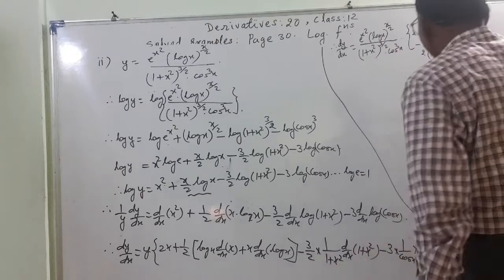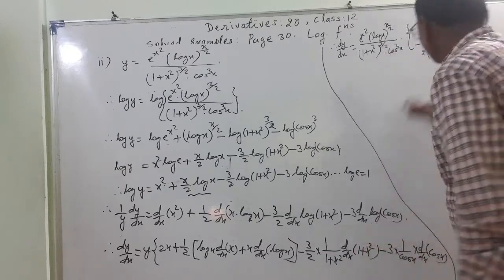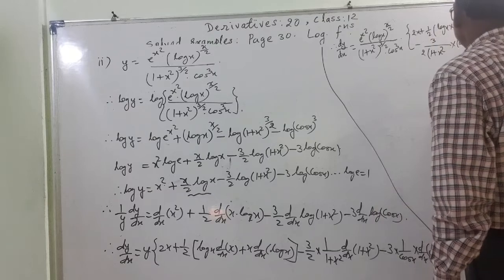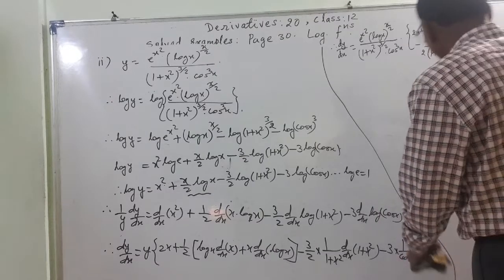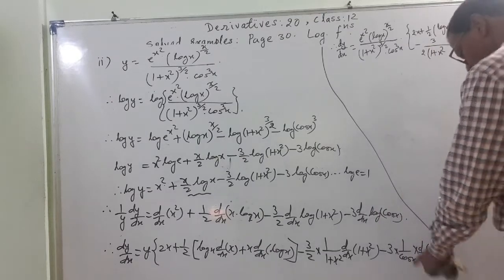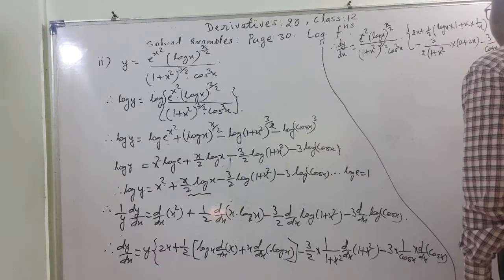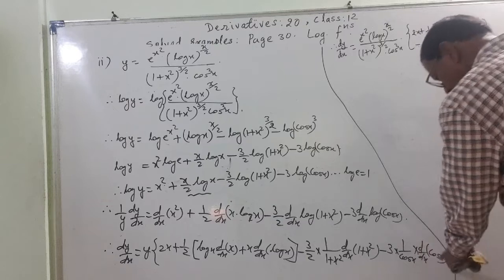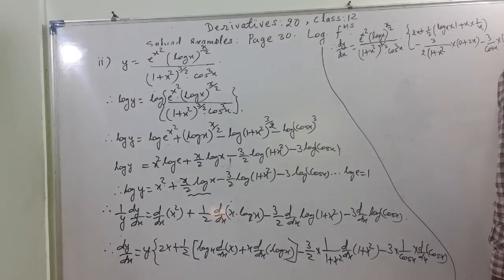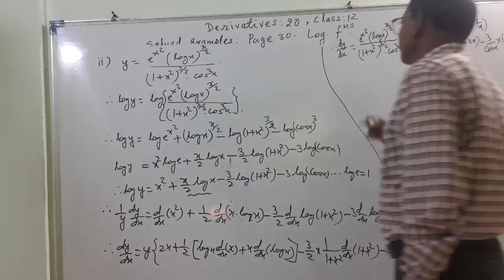Together I am taking into the derivative of this is 0 plus 2x minus 3 upon cos x into derivative of cos is minus sin x. This way this is what?